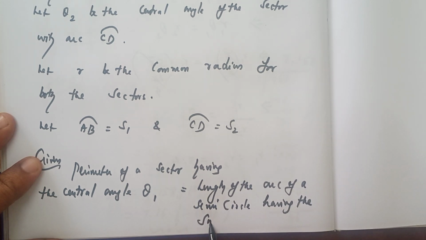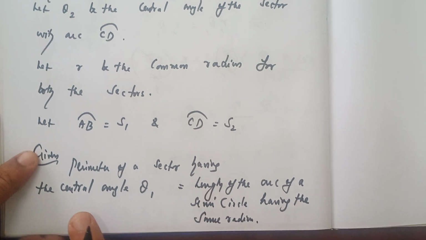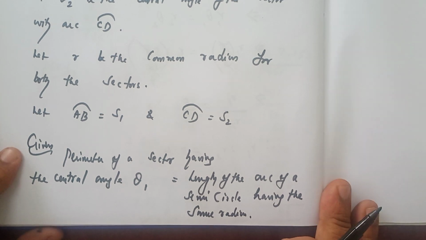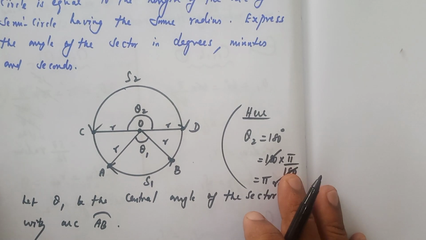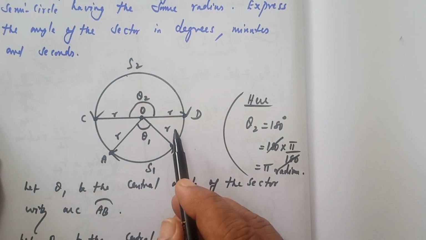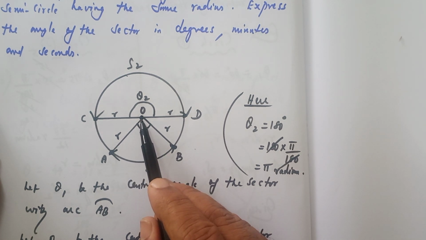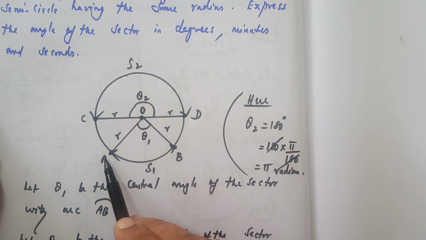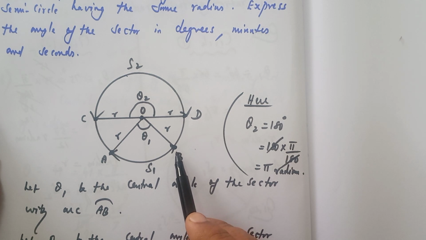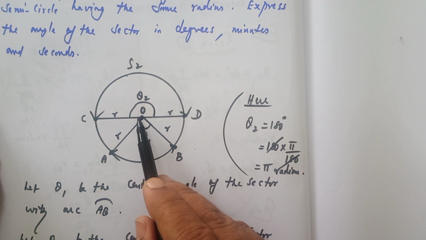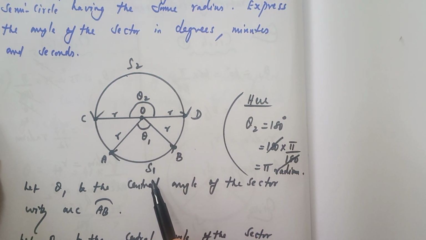This is the condition given. Consider the sector. Perimeter means start from here: OA length plus AB arc length plus BO. So R plus R, 2R, plus S1.